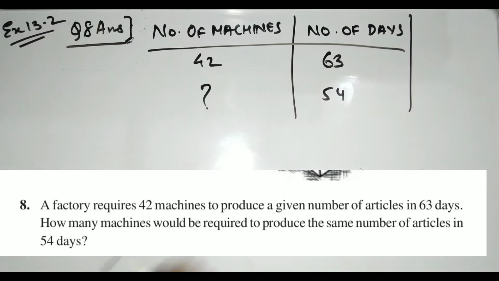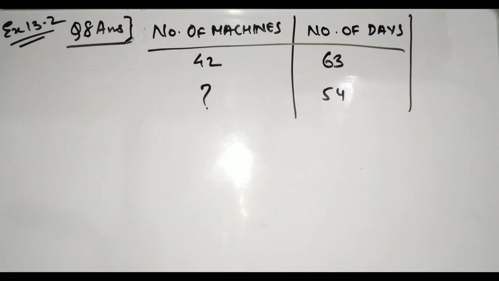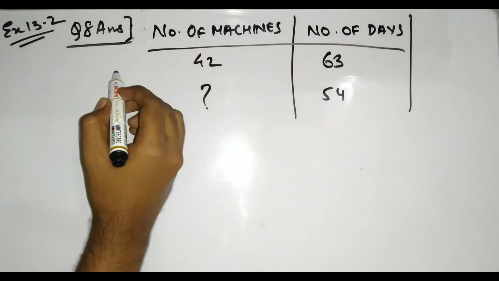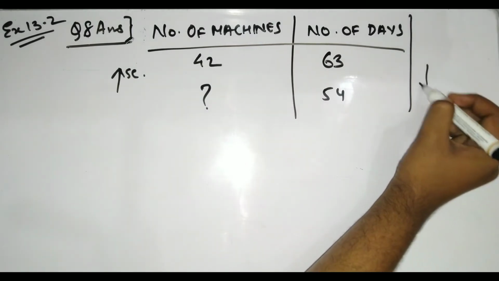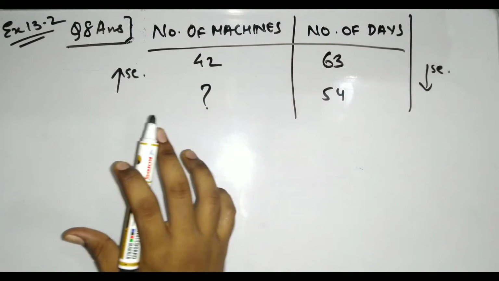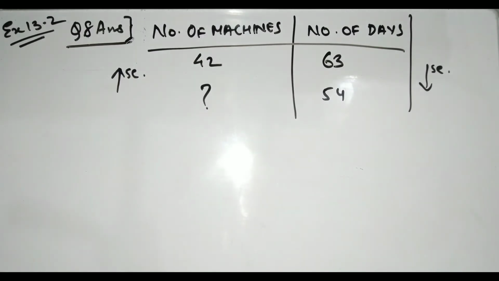That is the question. If the number of machines is increasing, the number of days will get reduced, because when more machines are working at a time, fewer days are required to produce the articles.